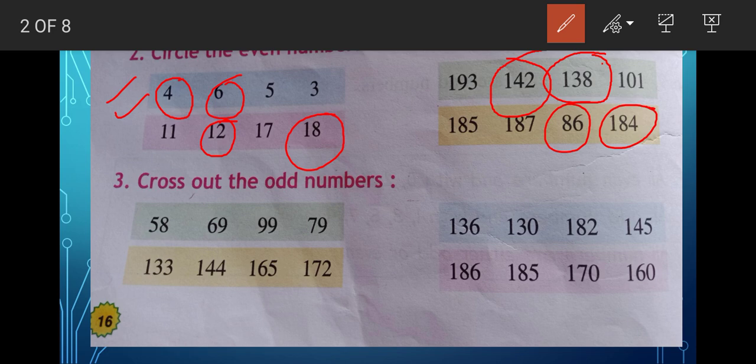So 69 is an odd number because it ends with 9. 99 is an odd number because it ends with 9. 79 is also an odd number because it ends with 9. In the same way 133 is an odd number, 165 is an odd number. So these two you will try yourself, and you will write these two in your copy as well. This number and this number you will write in the copy, this one is not required.